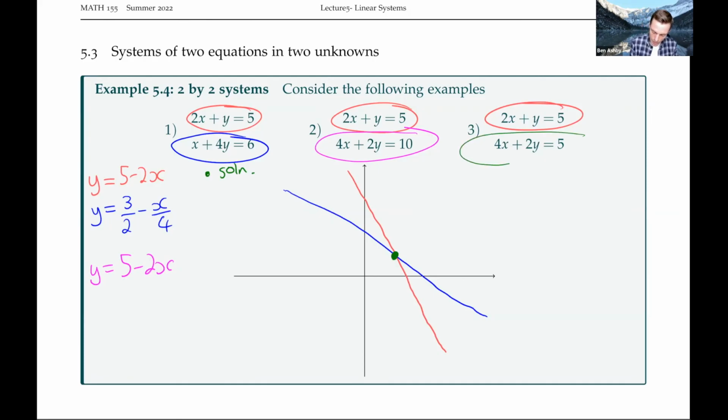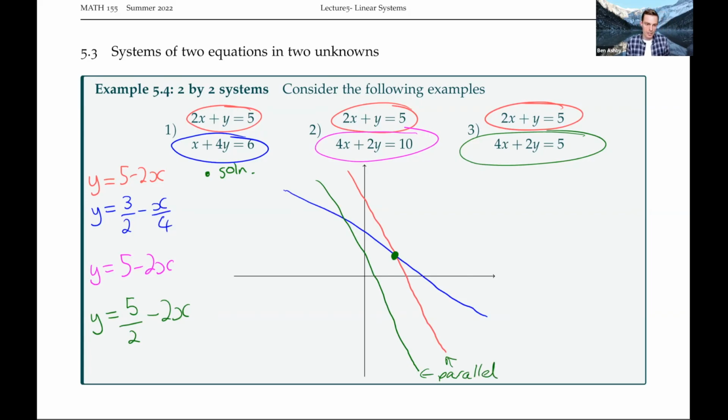And then finally, if we look at this case here, in the green scenario over here, we've got y is equal to 5/2 minus 2x. And that will look something like this. And the problem here is that these two are parallel.